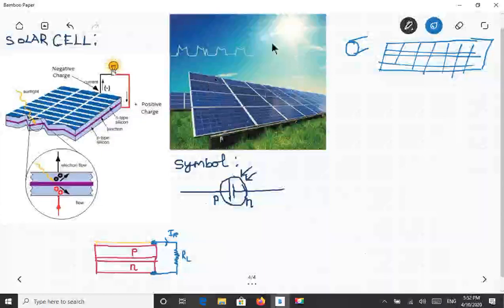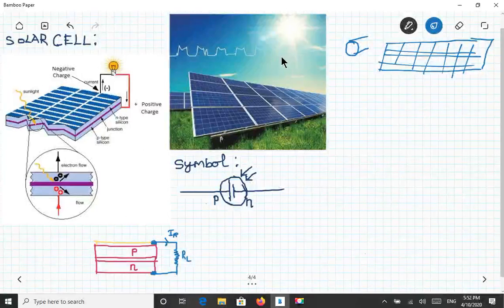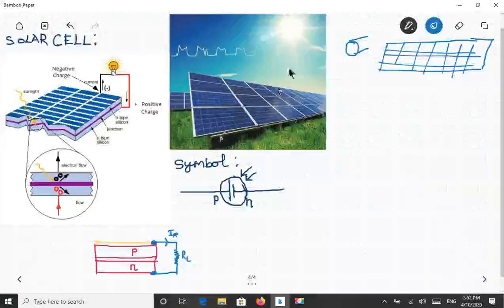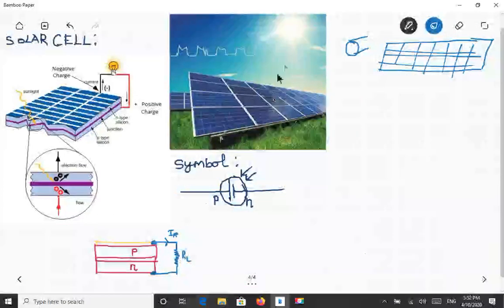In nuclear power there is a chance for explosion, and accidents have happened in history because of nuclear reactors, uranium and radioactive emission, and all those negative effects are there.